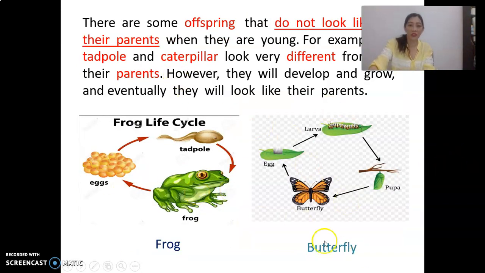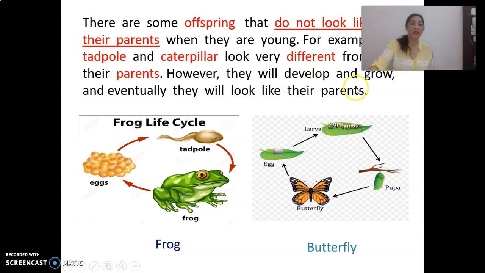And these animals do not look alike. So there are some offspring that do not look like their parents. When they are young, for example, a tadpole and caterpillar look very different from their parents.